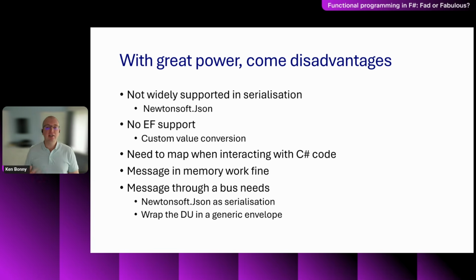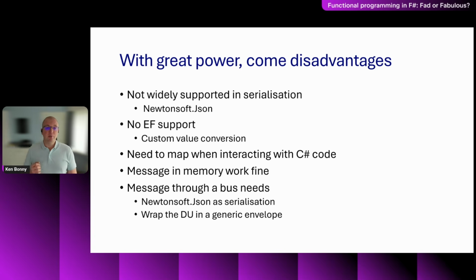When you're interacting with C# code, you will also need to map your discriminated union to an inheritance hierarchy, because, like I said, C# right now has no equivalent of a discriminated union, so you'll have to map that to an inheritance structure.